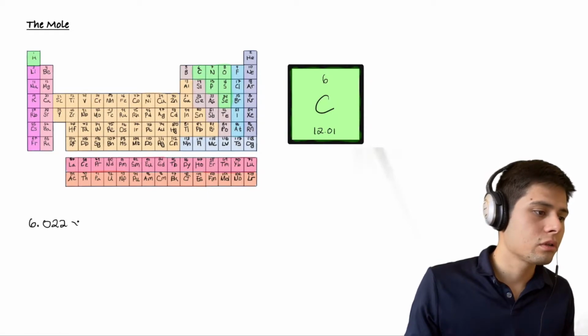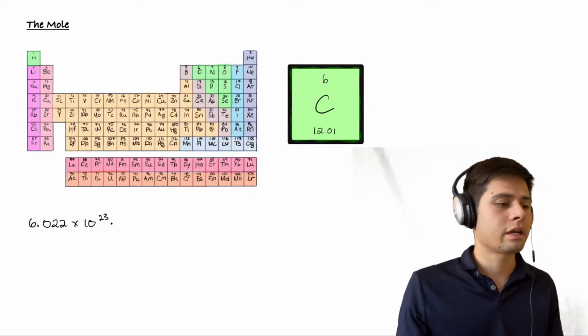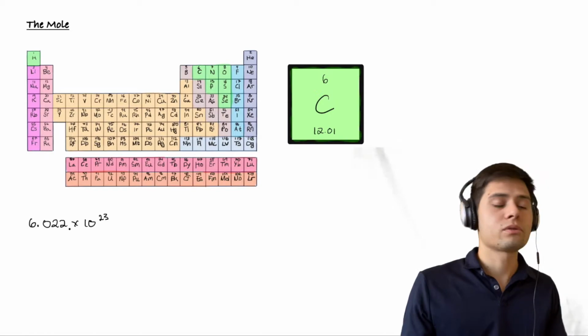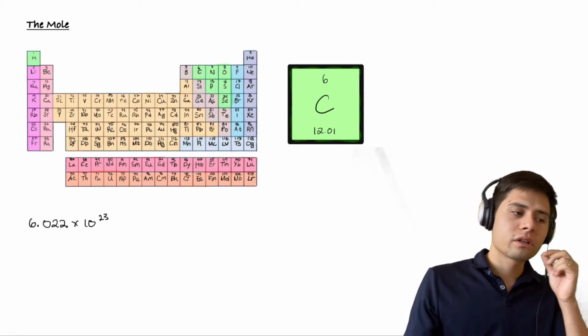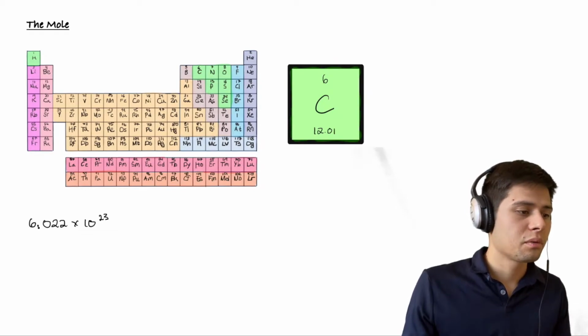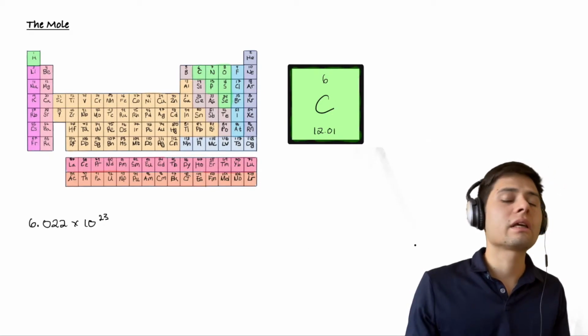And so I'll write this number down, and this number, 6.022 times 10 to the 23, is a huge number. If you think about it, this 10 to the 23 means tons and tons of trailing zeros after this 6.022. If you're unfamiliar with scientific notation, what we're basically doing here is taking this decimal, and if we want to get this whole number, we have to move this decimal over 23 units.